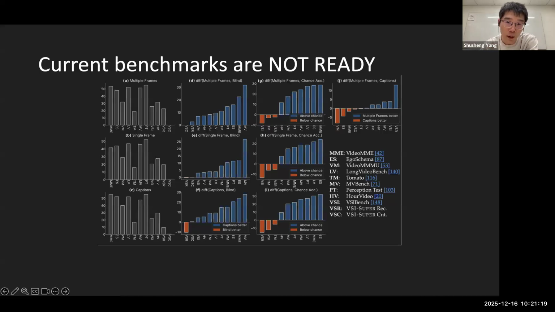If we pay attention to the performance difference between the multi-frame and blind, and also the multi-frame and chance, we can see a lot of the video benchmarks can already be answered with only blind answers.